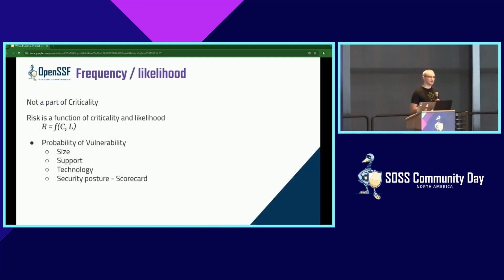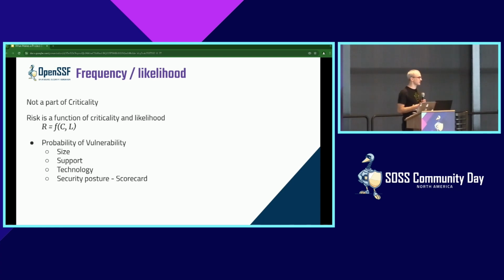And then another thing that often gets conflated with criticality is frequency or likelihood. Here I want to call out that this is not part of being critical or not. Frequency or likelihood is basically the probability that a vulnerability is going to happen in a project.